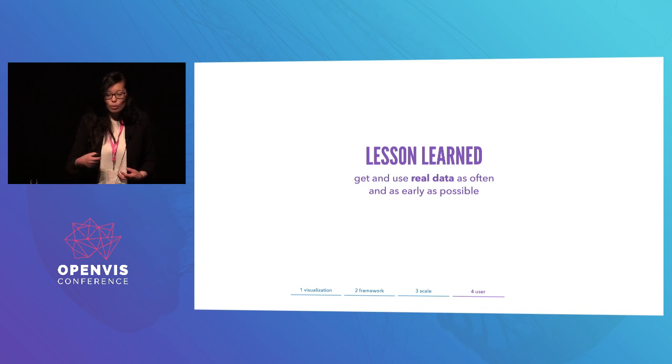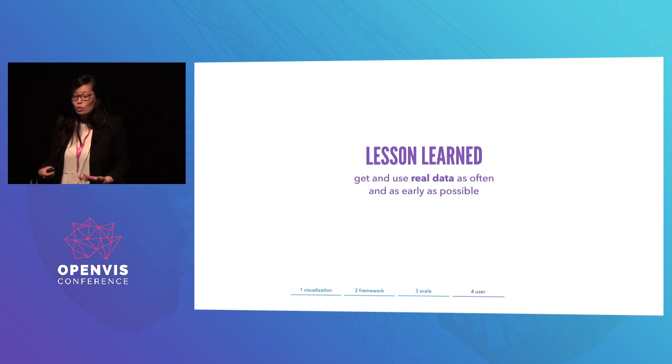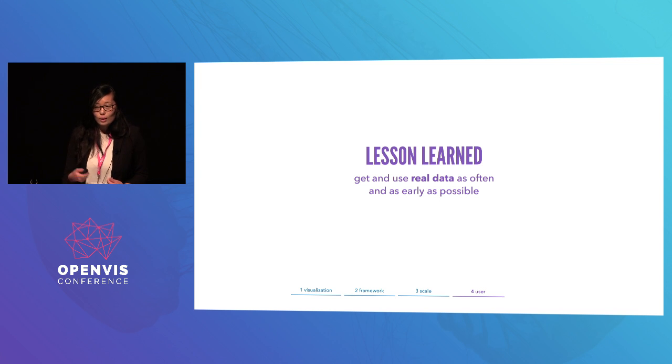The most important thing to be able to do that is to always make sure to get and use real data as often and as early as possible. And if we can't get real data from our customers, then to simulate their data as closely as possible, because only then can we make informed decisions about their needs for their use cases.